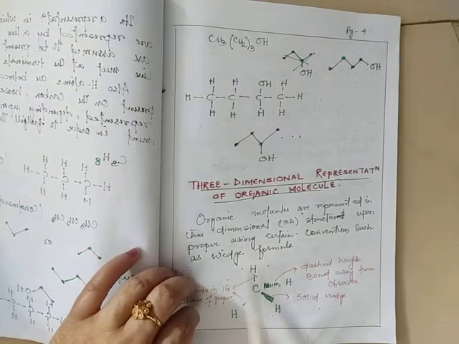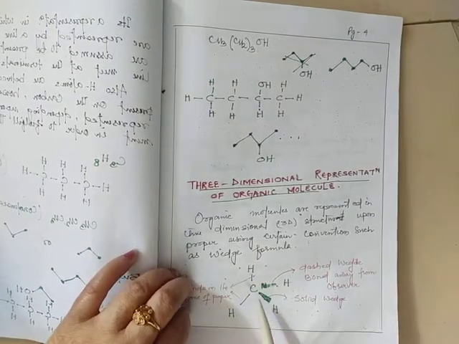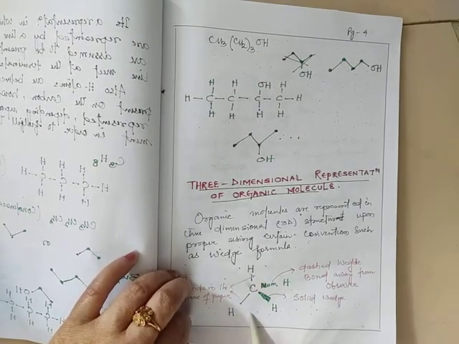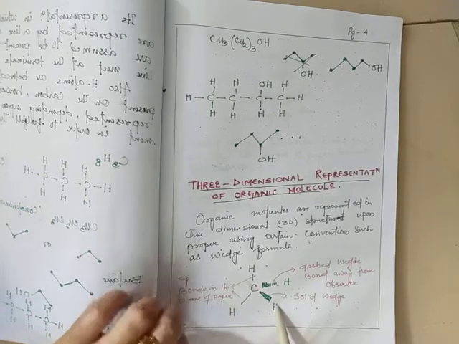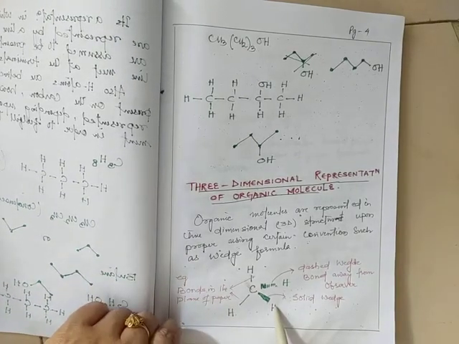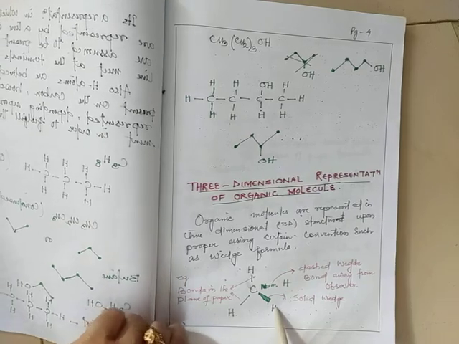So that means what we draw is a 3-dimensional structure, and this is a methane compound. This methane compound, the structural name is tetrahedral only.